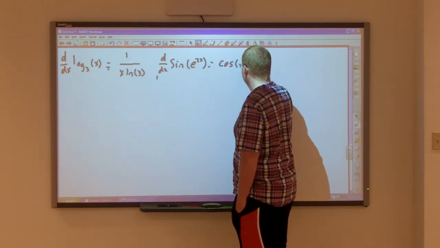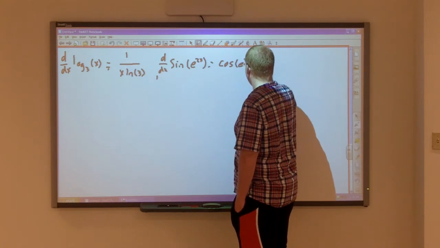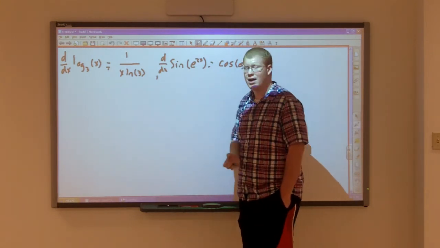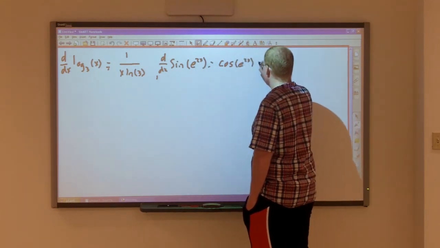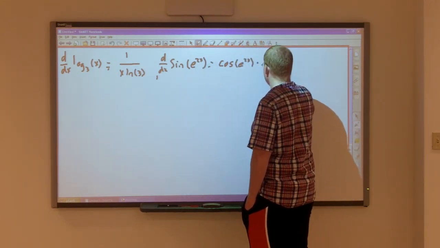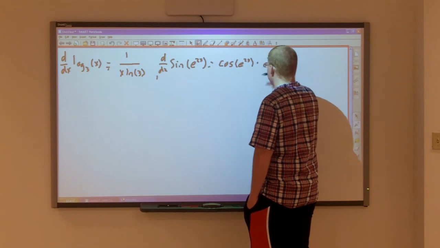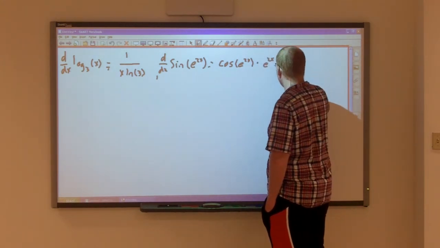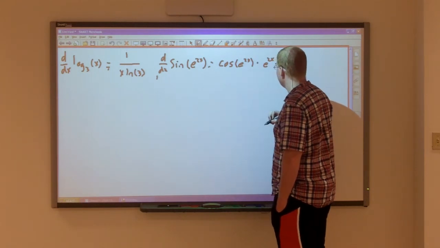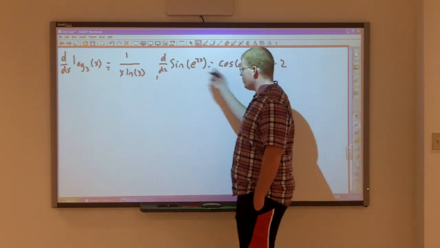We'll keep the inside, then we multiply by the derivative of the inside. The derivative of e to the 2x is e to the 2x times the derivative of the top, which is, derivative of 2x is 2. We multiply by 2. So that's the derivative of this function.